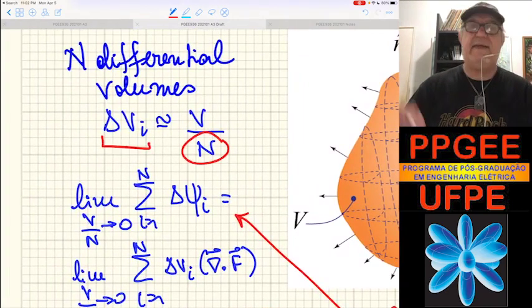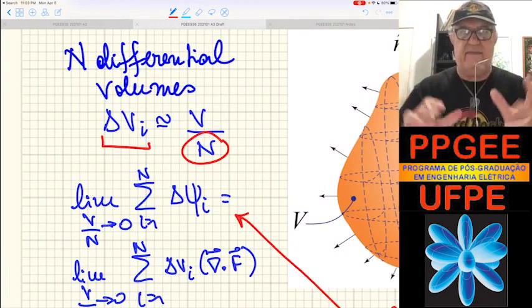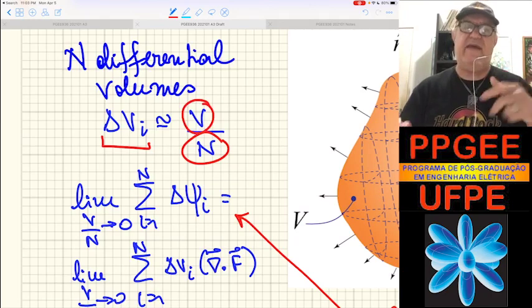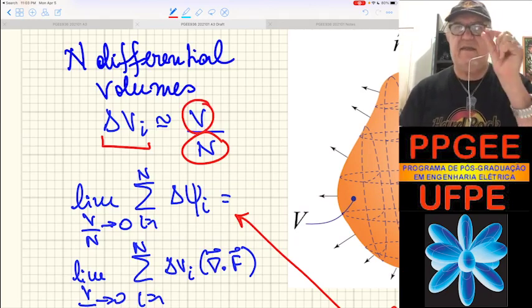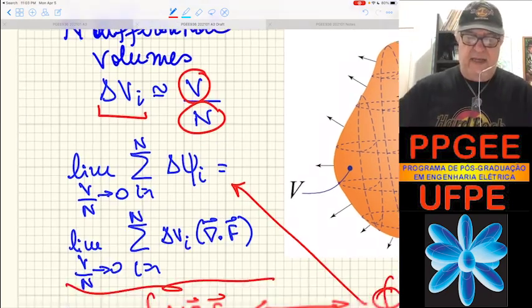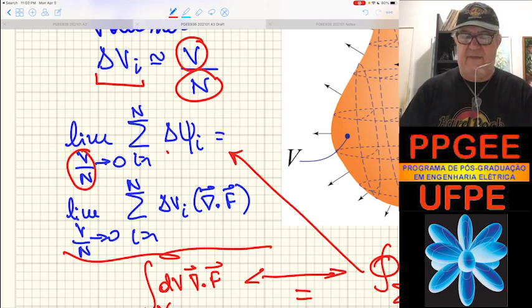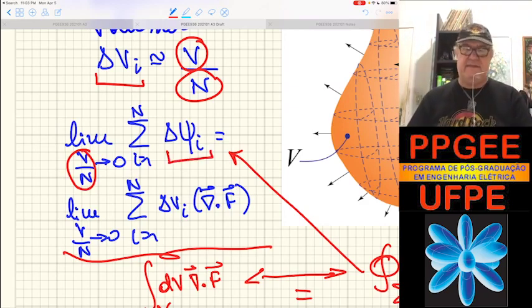So each volume has approximately a volume that is V over n. If n is very large, the differential volume is very small. That's what we want to do. We want to know, when the volume is differential, what's the sum of those microfluxes, right?